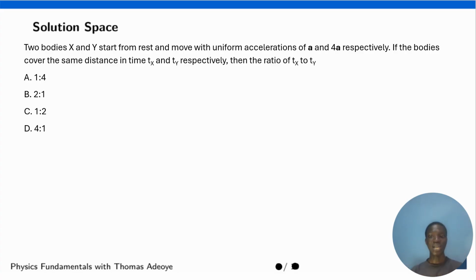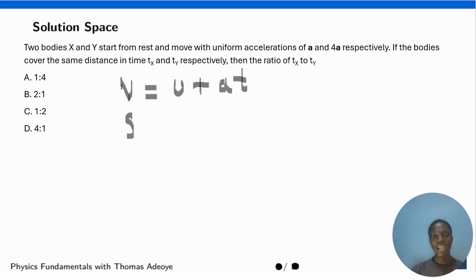In order to do that, we are going to use this formula. Whenever you have a question that deals with uniformly accelerated motion, that is, bodies that are moving with constant acceleration, we have equations for them. One of them is V equals U plus AT.